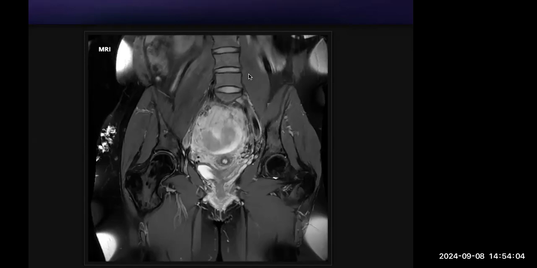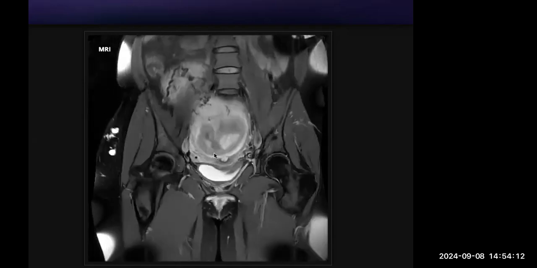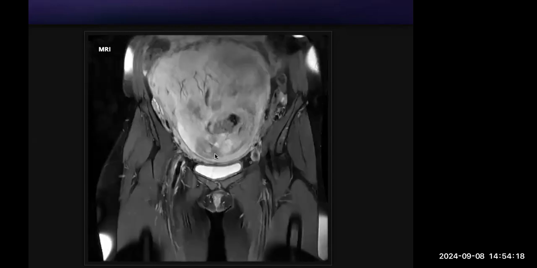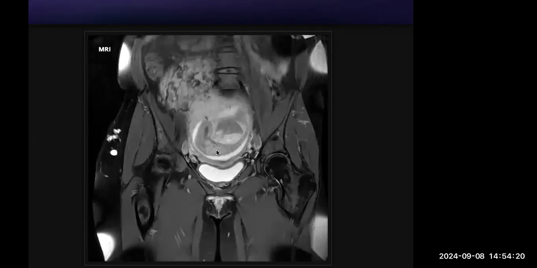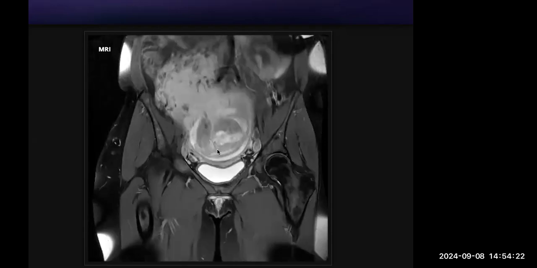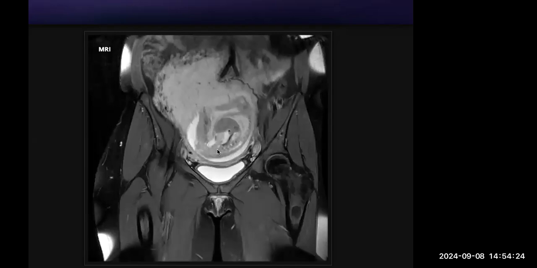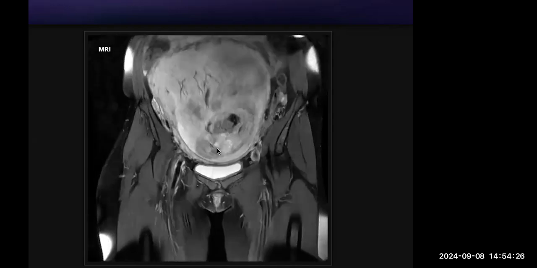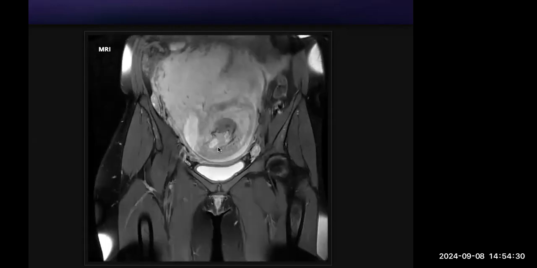I'm provided with axial and coronal sections of a contrast, fat saturated, fluid sensitive sequence of the lower abdomen, pelvis, and the proximal lower limbs.